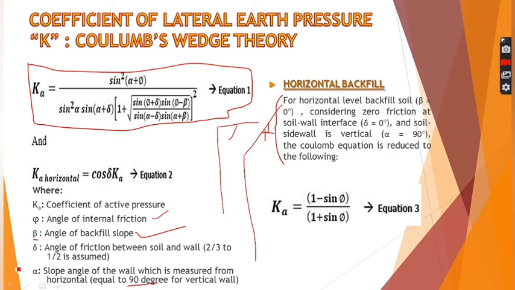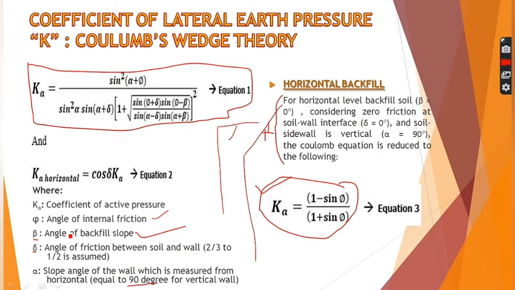If there is no friction, then delta will be 0, and if the soil side wall is vertical, alpha is 90 degrees. If we substitute all these values in this equation, it reduces to Ka is equal to 1 minus sin phi upon 1 plus sin phi, where phi is the angle of internal friction. So if you do not have any complicated case, you can simply use this formula.